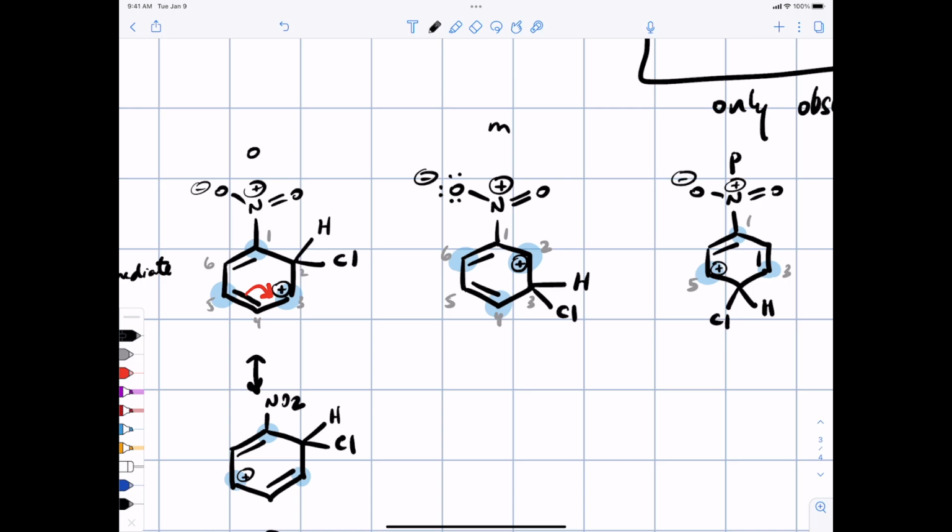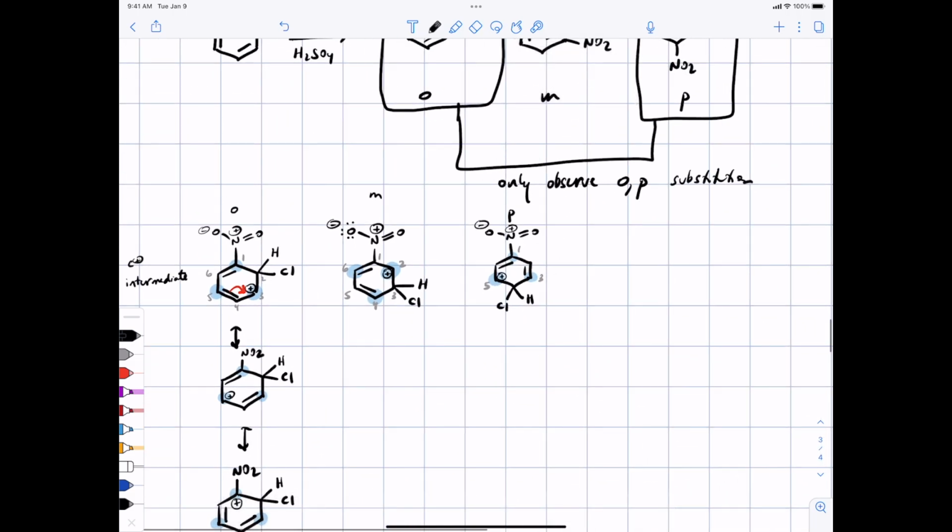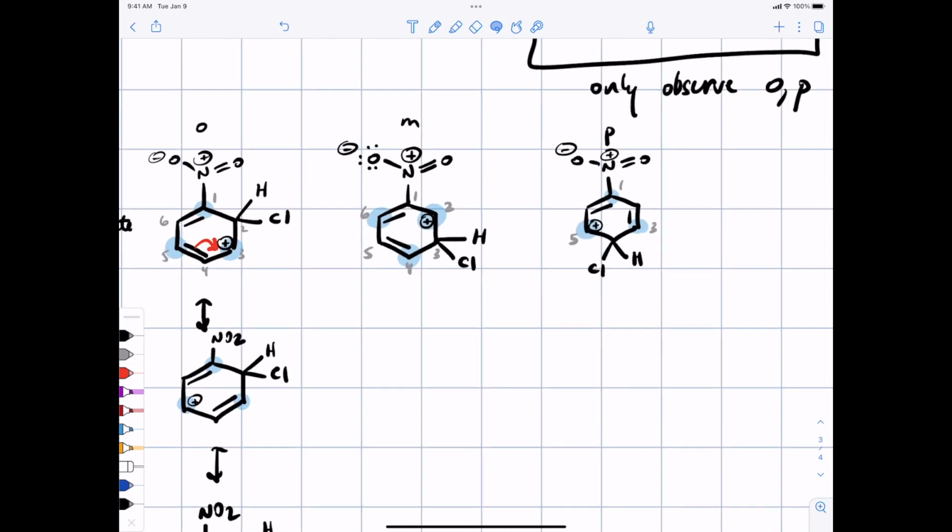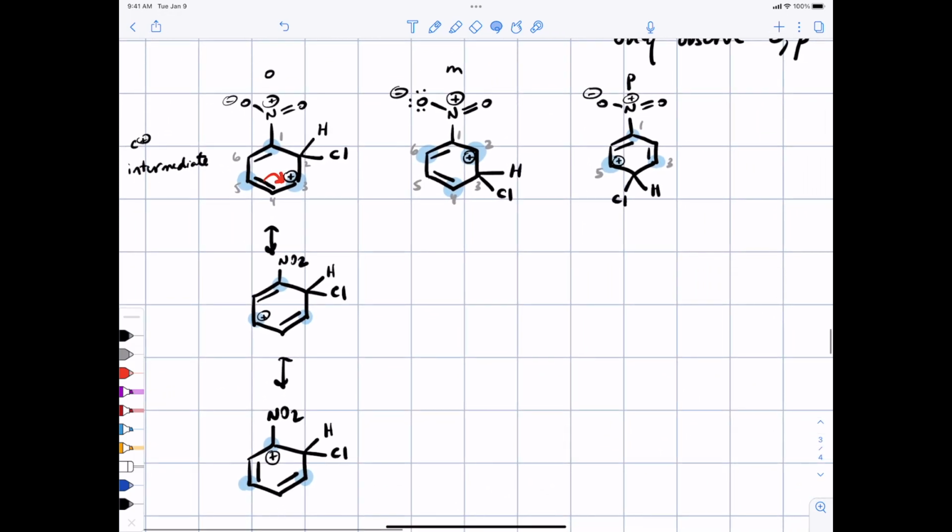So, if you had to pick, which carbocation is more stable, the ortho, the meta, or the para? Meta. Why is that better than the other options? Right. In ortho and para, the positive charge in the carbocation is on carbons 1, 3, and 5. If it's on carbon 1, that's exactly adjacent to the nitro group, which has a positive charge on it.